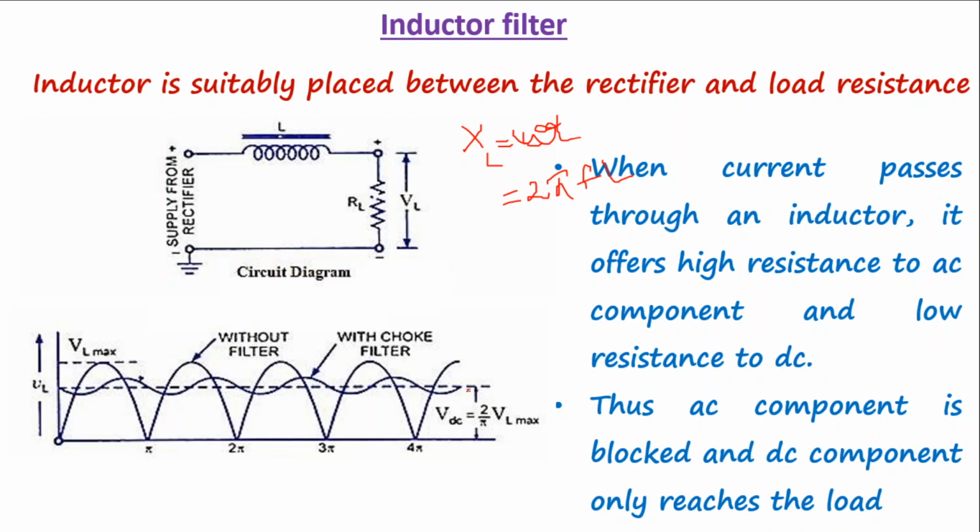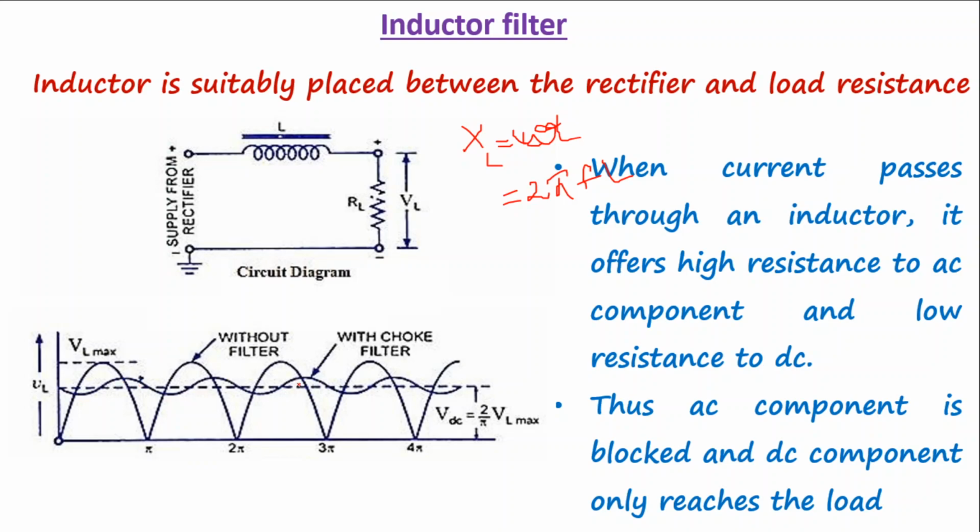Now what you get across the load resistance is not the perfect DC, but a small variation in the DC, with an AC component riding along with the DC voltage.